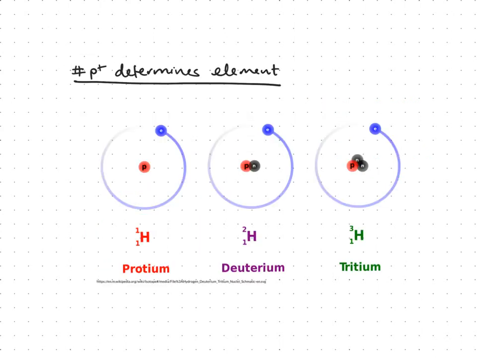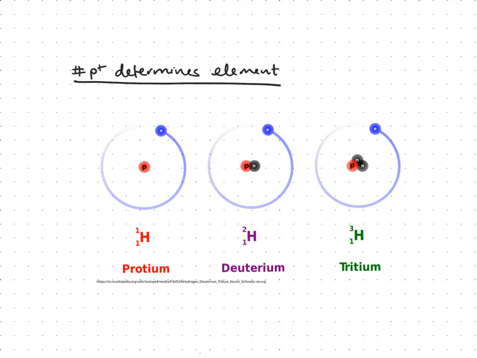Recall that we also said that it's the atomic number, or the number of protons, that determines what element an atom is. So if an atom has one proton, no matter what else is true about that atom, it is an atom of hydrogen. So when we look at changing the number of neutrons, for example, hydrogen itself, this guy right here, has one proton.